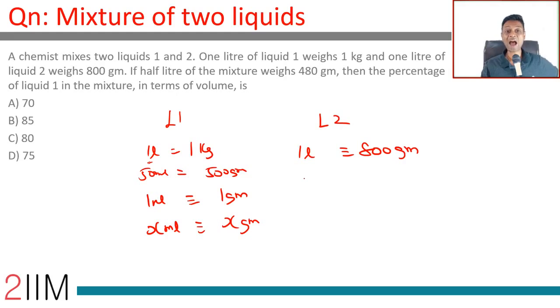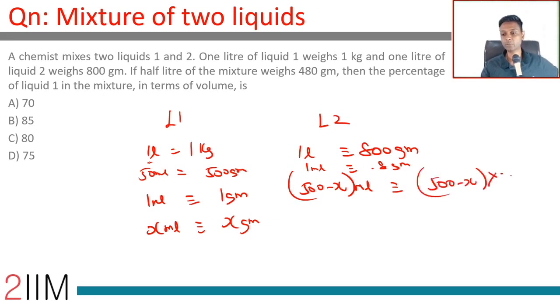Wonderful. Half a liter of the mixture weighs 480 grams. So x ml measures this. Half a liter, 500 minus x ml. How much would this measure? 1000 ml, 1 ml measures 0.8 grams. 500 minus x will be 500 minus x into 0.8.